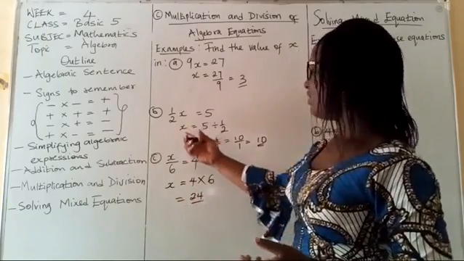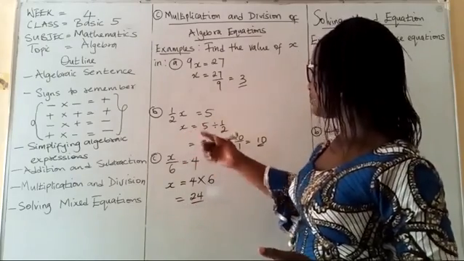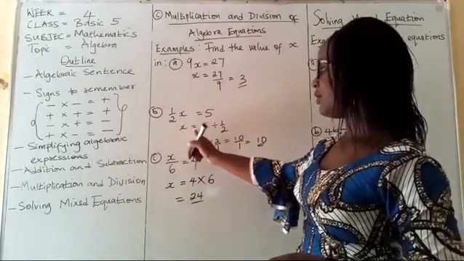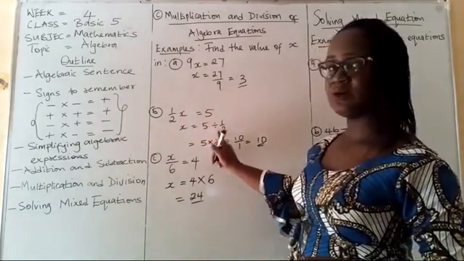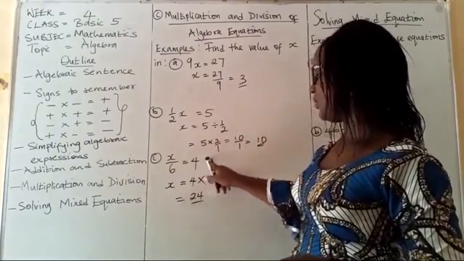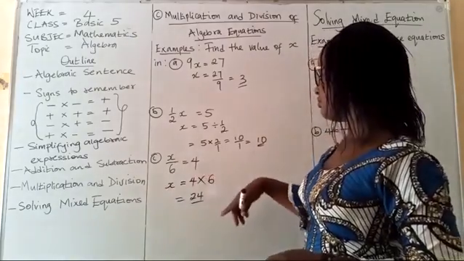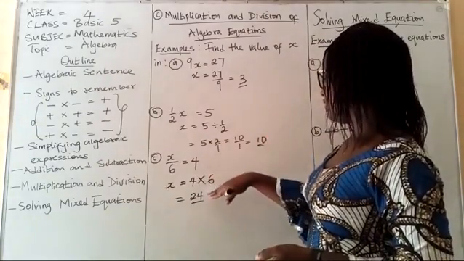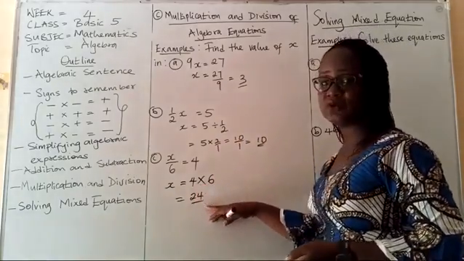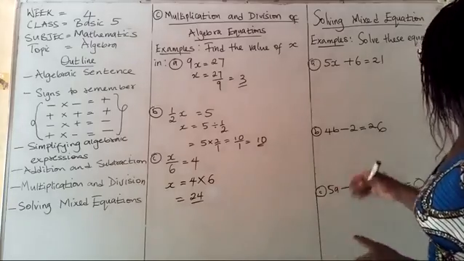So you have the letter at one side and the numbers will go to meet each other. 1 over 2 is multiplying here. Crossing the equality sign, it will become division. Here we have s over 6 equals 4. You have your s. 6 going to meet 4 here will be giving us multiplication. That is why we have 4 times 6 equals 24. Having understood that, let's solve this.